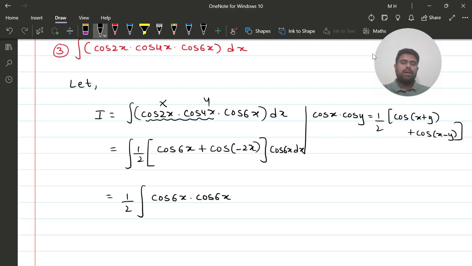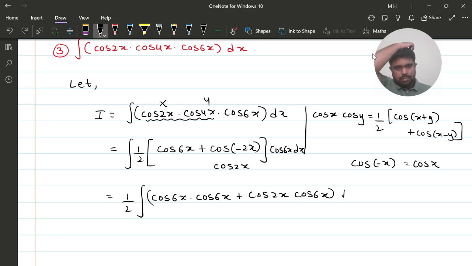Anyways, cos of minus 2x is cos 2x, because cos is an even function, right? So therefore plus cos 2x into cos 6x dx, right?